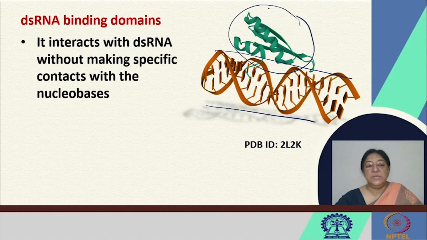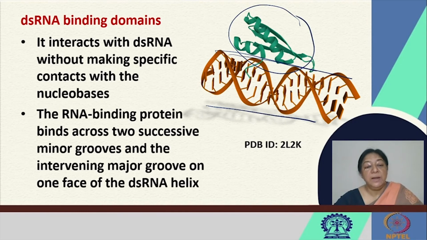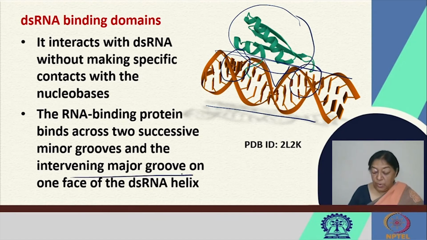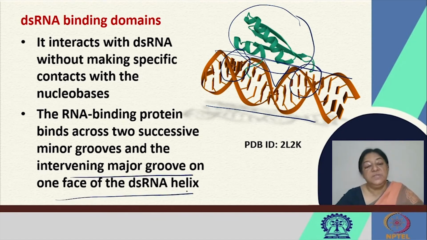So it interacts with double-stranded RNA without making specific contacts with the nucleobases. As we can see, it is more near the backbone, the sugar phosphate backbone. So the RNA binding protein in this case binds across two successive minor grooves and the intervening major groove. So we have the minor groove here, another minor groove here, and this is the intervening major groove that is on one face of the dsRNA helix. So this is our dsRNA binding domain that recognizes the double-stranded RNA.